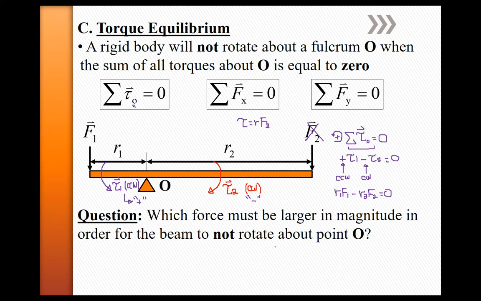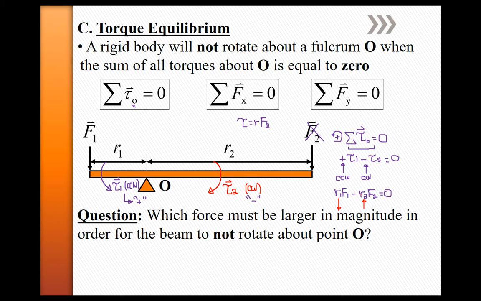Okay, so it says which force must be larger in magnitude so we can actually truly have torque equilibrium? We'll look at it here. If R1 is small and R2 is big, what would the force values have to be in order to kind of offset each other?